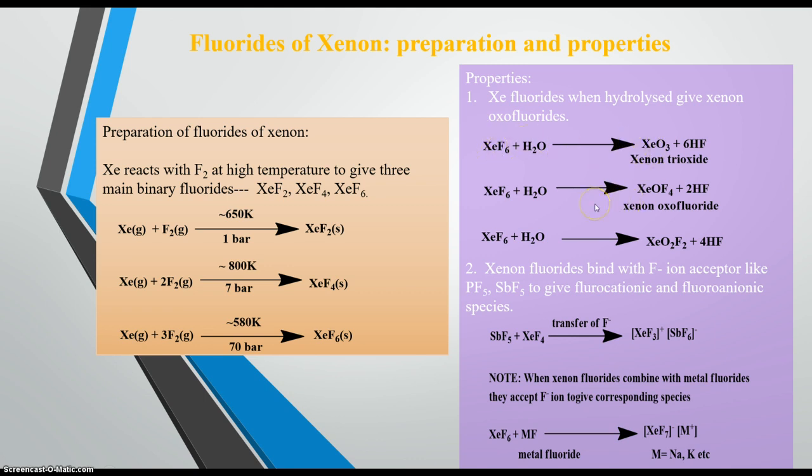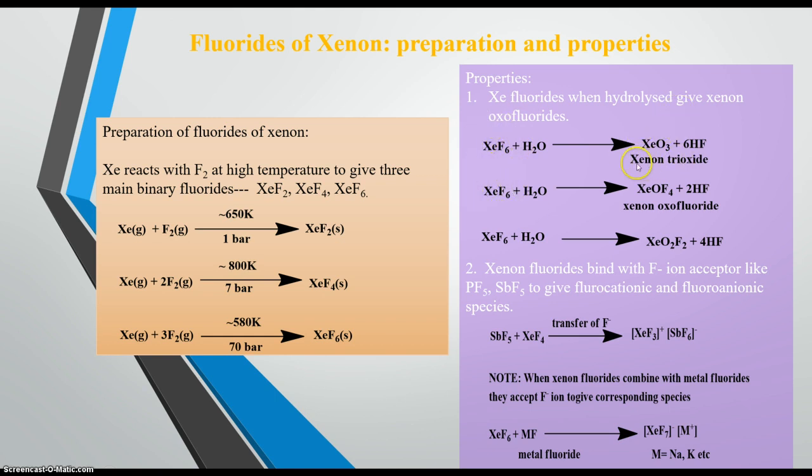And since there is no change of oxidation state of the central xenon atom, we can say that these reactions are not redox reactions, because redox reactions are those where there occurs a change in oxidation state of some elements. So here the oxidation state of xenon is not changed, either in the reactant compound or in the product compound.